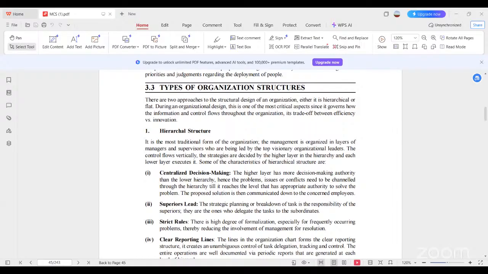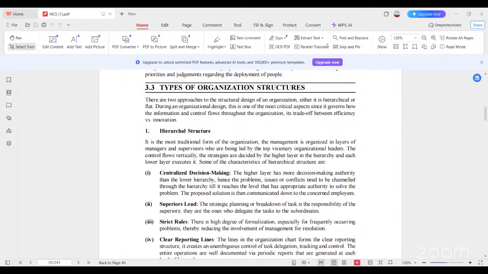Okay, let's have a look at the hierarchical organization structure. This hierarchical structure is one of the most traditional forms of organization where authority and control together flow vertically from top to bottom. So the organization is arranged in multiple layers. Like you have got your top management, middle management, lower management, then your operating employees.